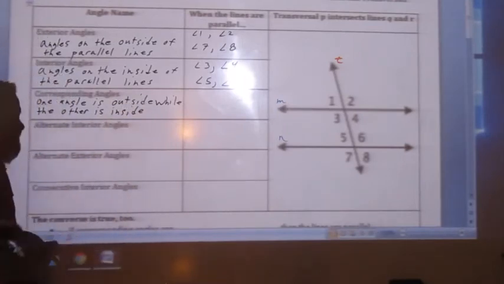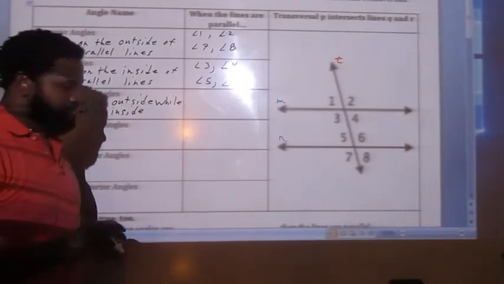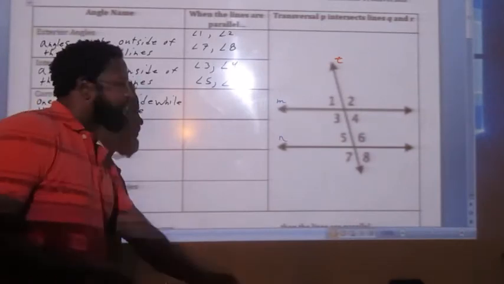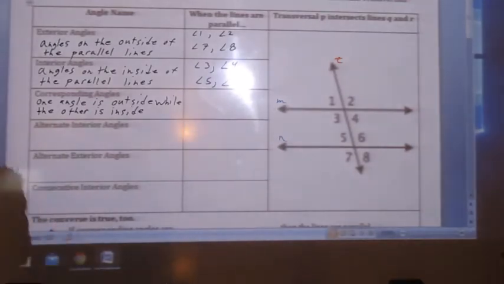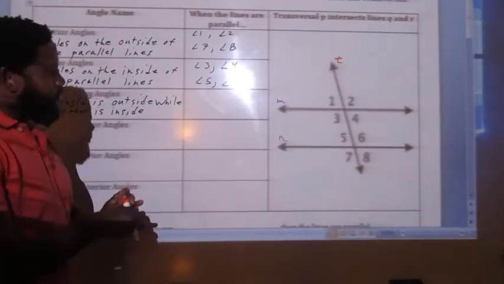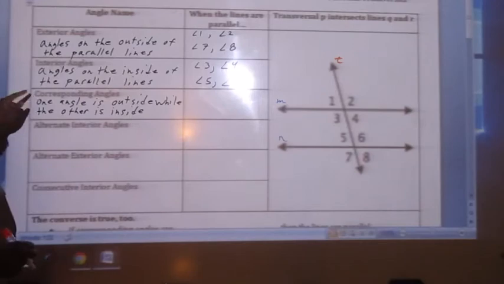What does this look like? Well, I'm gonna use this. Hopefully that orange comes up. Yeah, the orange comes up better. Okay, so what do corresponding angles look like?